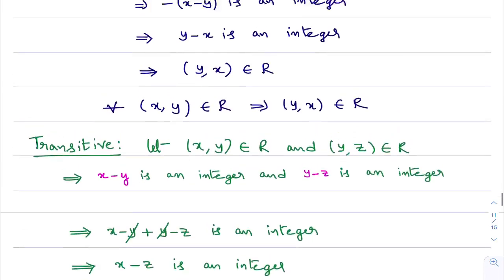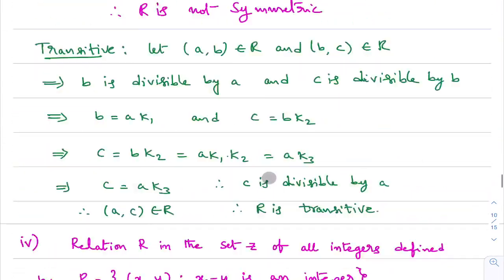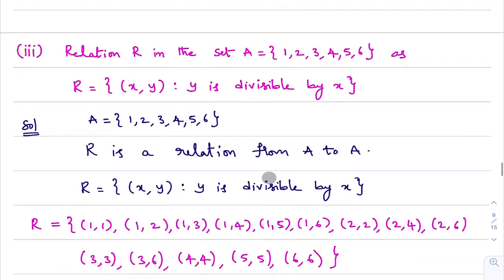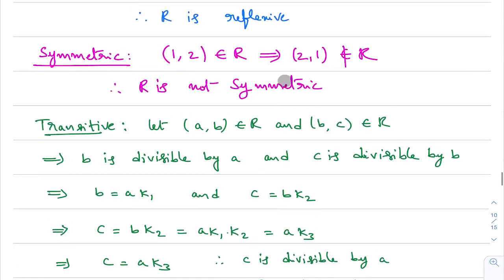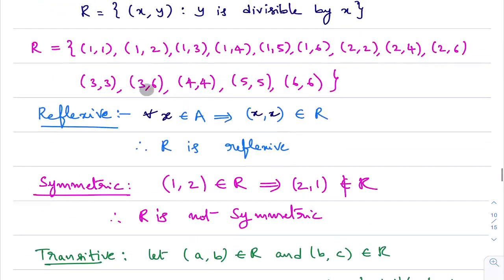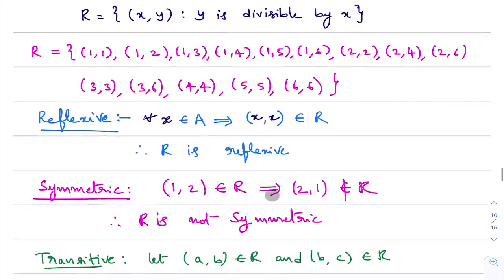You can observe this problem: I didn't give a counter example. You see this last third bit, this is the counter example pattern. To disprove the symmetric property, (1, 2) is there in the given relation, but (2, 1) is not in this relation.